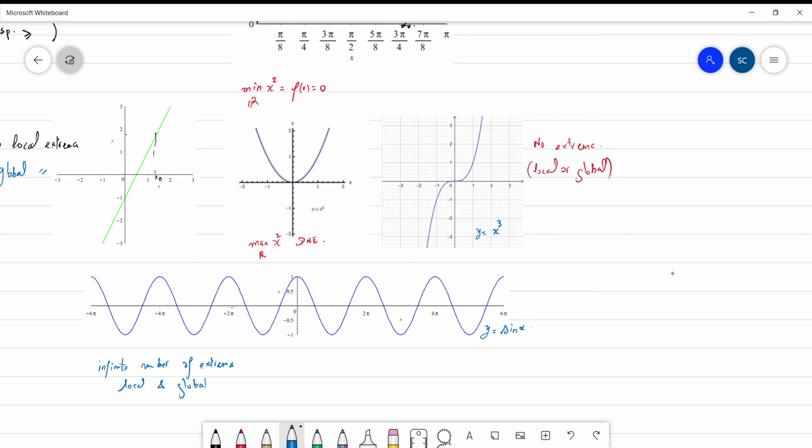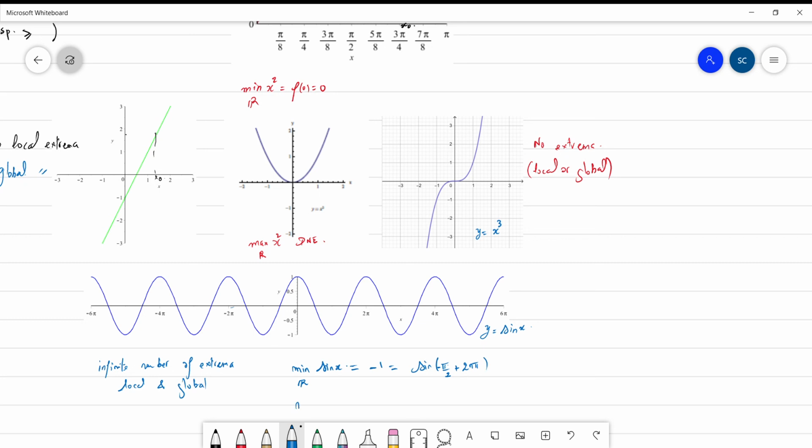We can write exactly the following. The minimum of sine x over R: the smallest value is -1, taken at all the points like minus pi over 2 plus a multiple of pi.